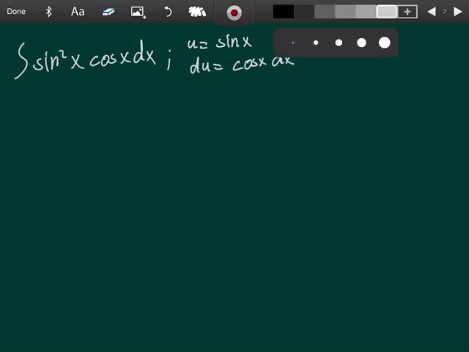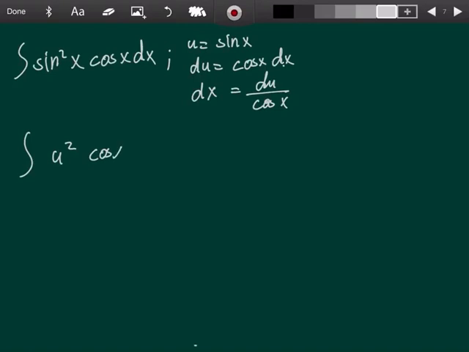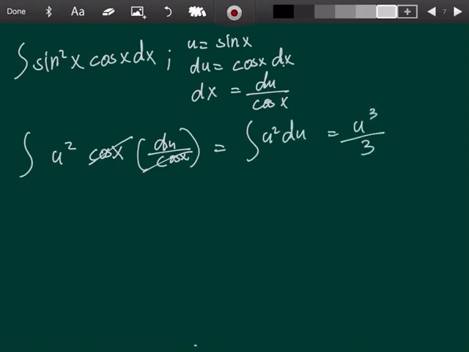So dx is equal to du over cosine x. So u squared times cosine x times du over cosine x cancels, becoming the integral of u squared du, which is u raised to 3 over 3, where u is sine x, so sine x raised to 3 over 3. Right?